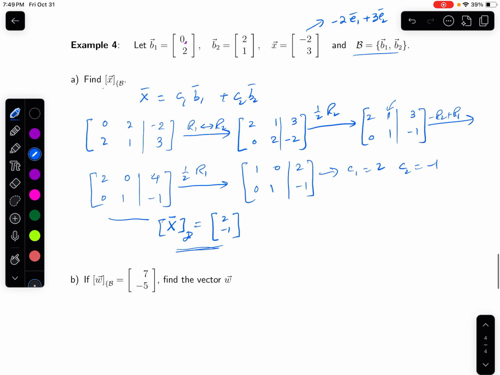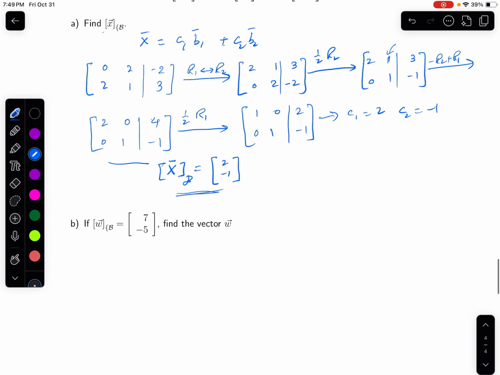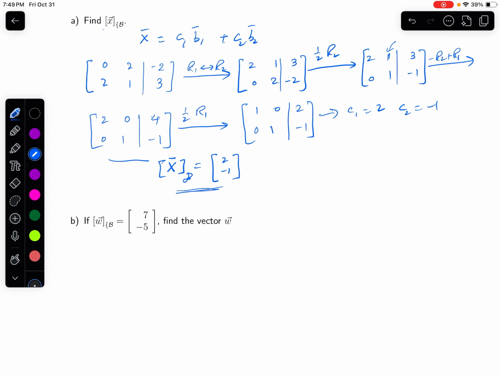If you are given a vector w whose coordinate vector relative to basis B is 7, -5, how can we find w? Remember the relation: because it's 7, -5, it will be 7 b1 plus -5 b2, or 7 b1 minus 5 b2. So now you just plug in b1 and b2.